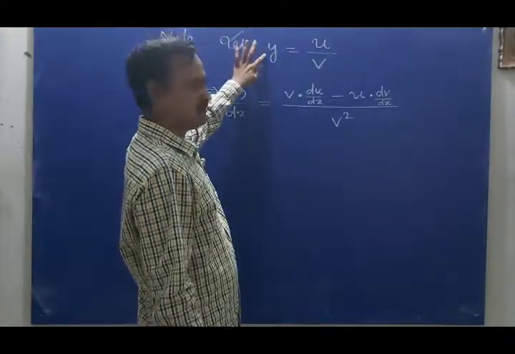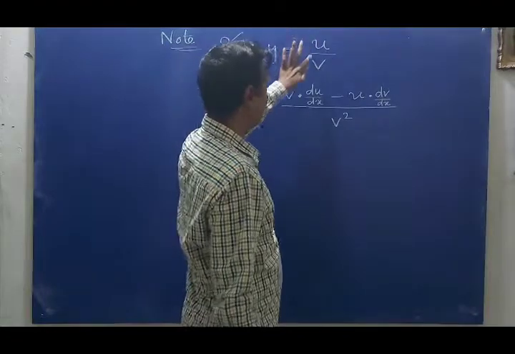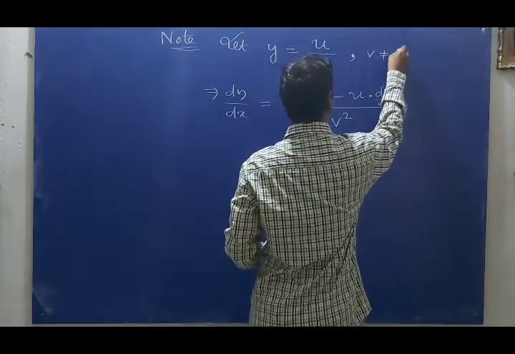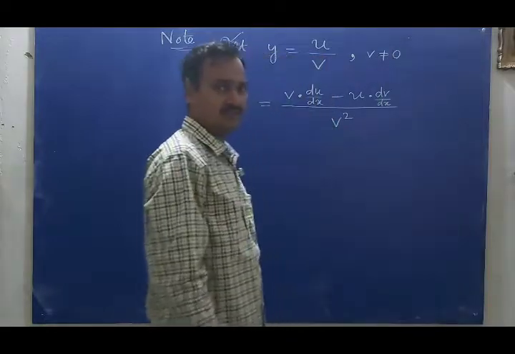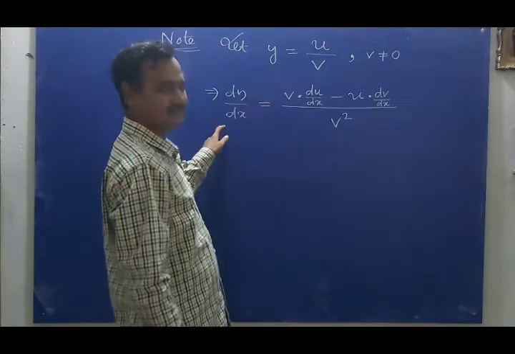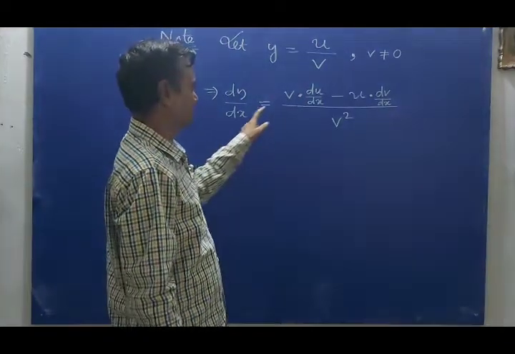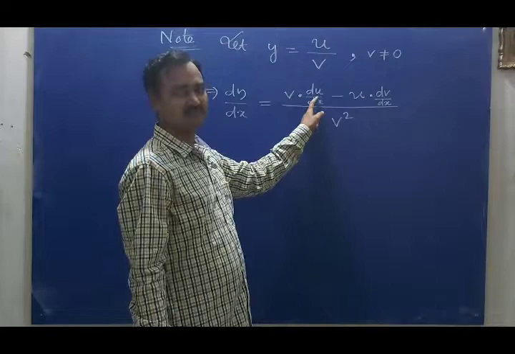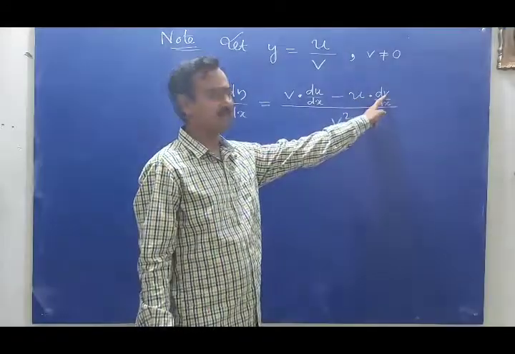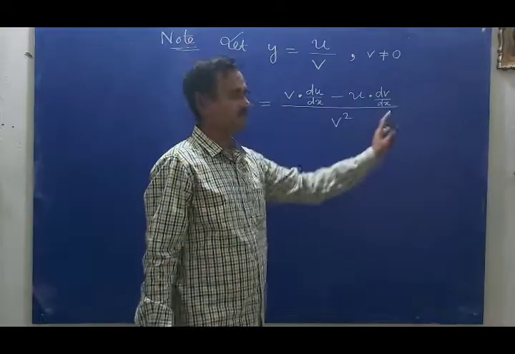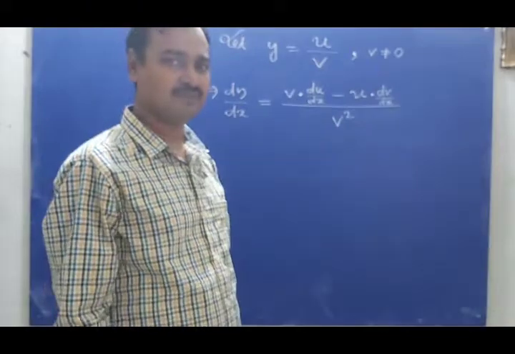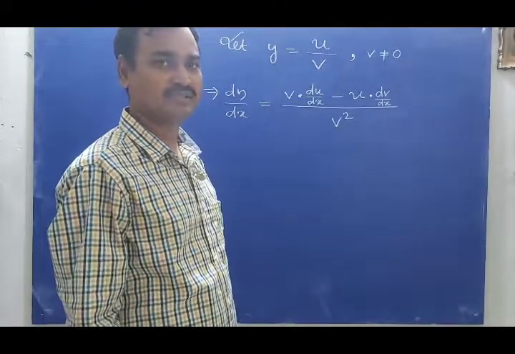If y is equal to u by v, what is the restriction? v is not equal to 0. Then dy by dx is defined as v into derivative of u minus u into derivative of v, by v square. So this is called the division formula or quotient formula.